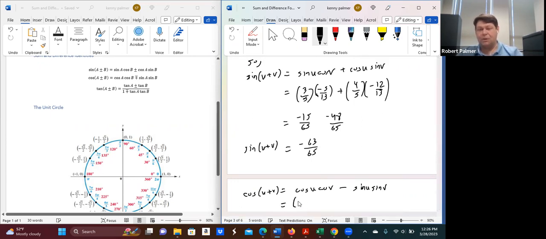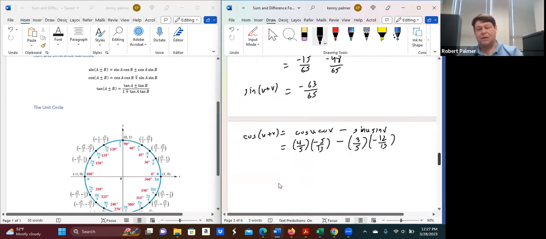So the cosine of u is 4/5. The cosine of v is negative 5/13. Okay, then minus the sine of u, which is 3/5. These are the values we're given. The sine of v was negative 12/13.